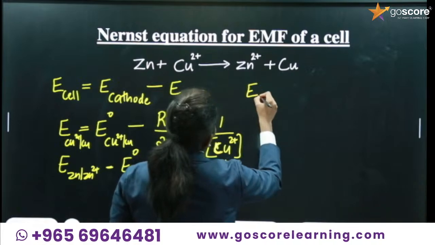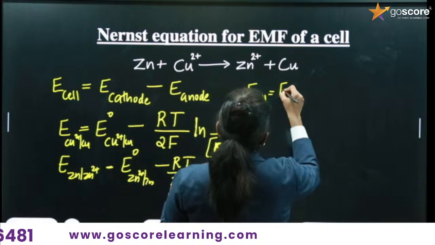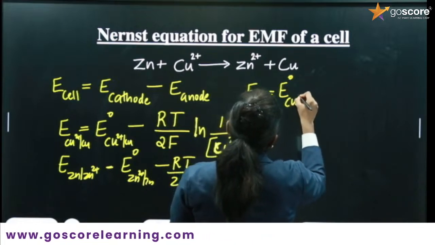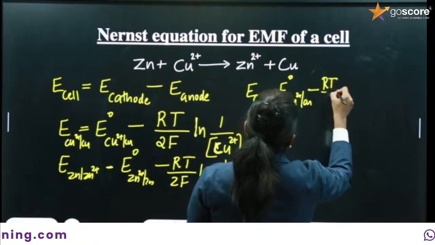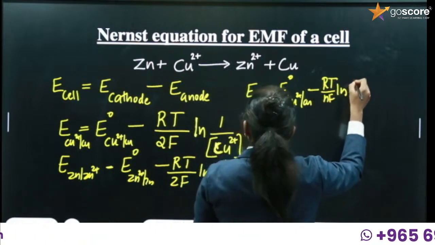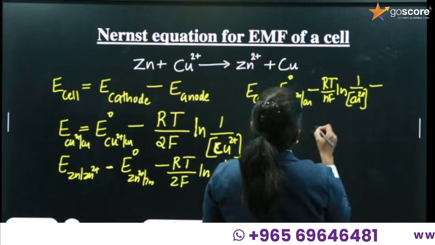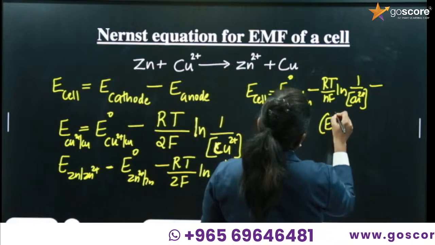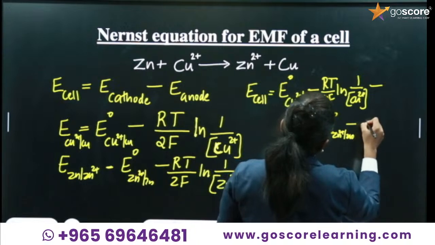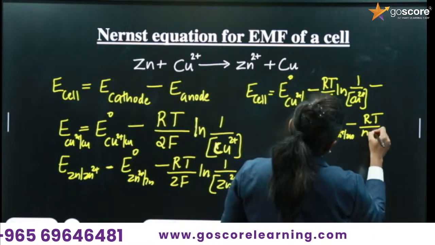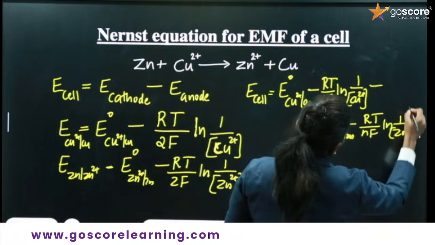So E cell is equal to E naught cathode, that is E naught Cu2 plus slash copper, minus RT by NF ln 1 by Cu2 plus, minus the term with 1 by Zn2 plus concentration, right?